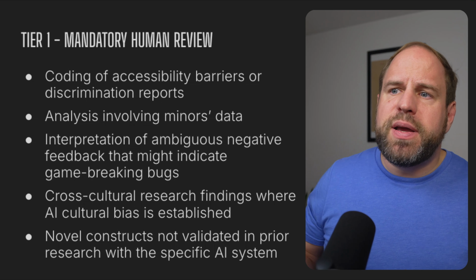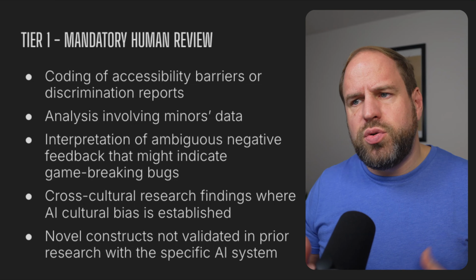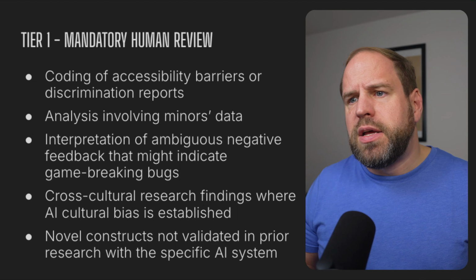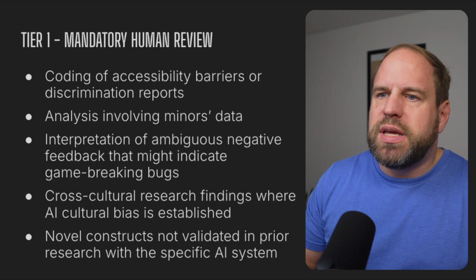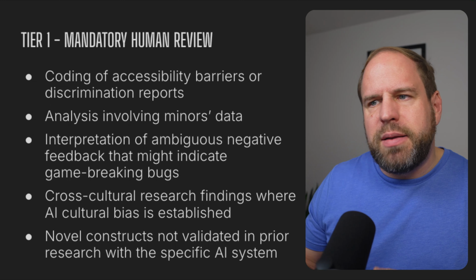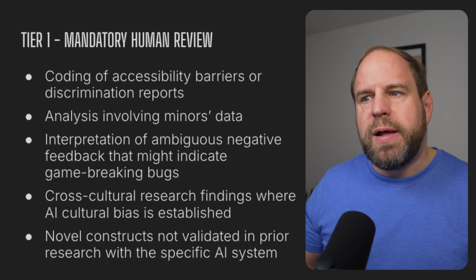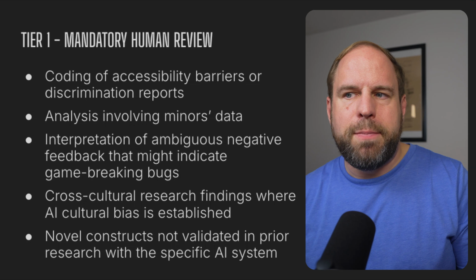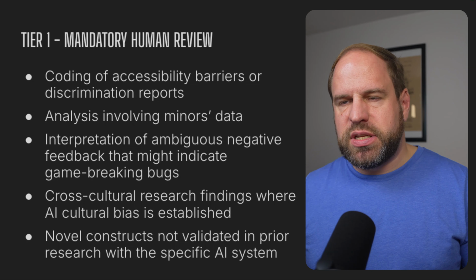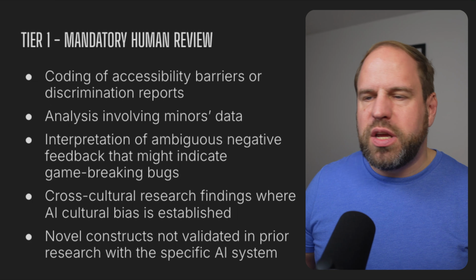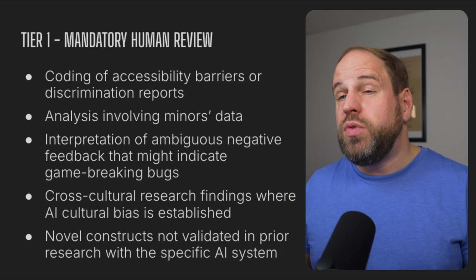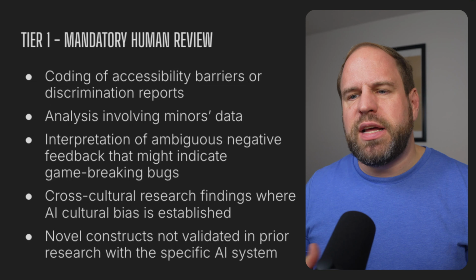And when the feedback is confusing or points to a huge problem, so let's say a player gives confusing negative feedback that might mean there's a big game-breaking bug, a human needs to interpret what the player really meant. Is this just game speak? Are they just talking to each other? Because AI really has trouble with that game speak, that smack talking.